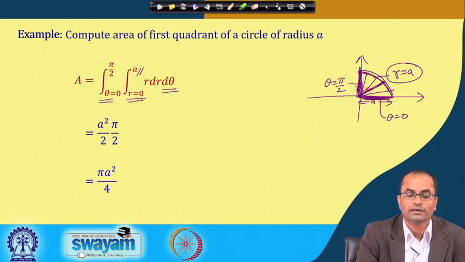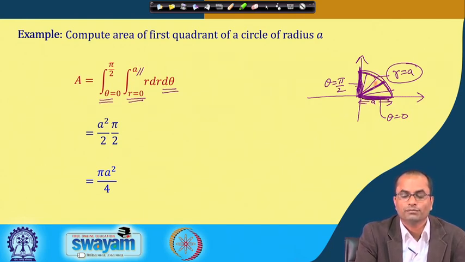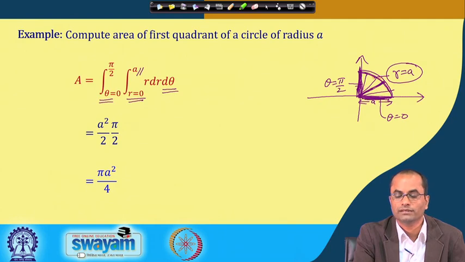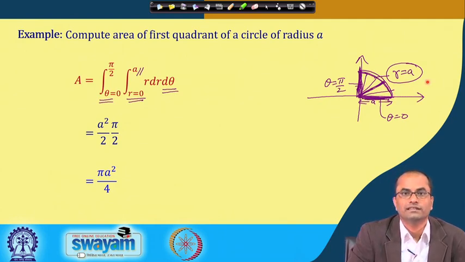But if we do it in Cartesian form, it will be a little bit complicated, because we have to now find the limits of x and y that contain the circle in Cartesian form. The equation of the circle in polar form is simply r equal to a.